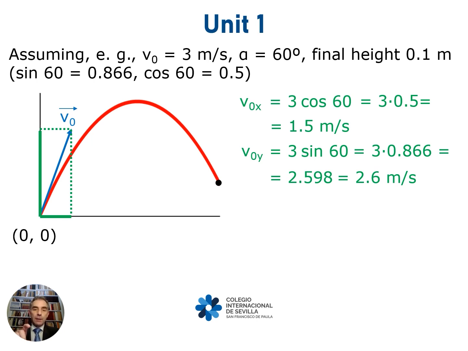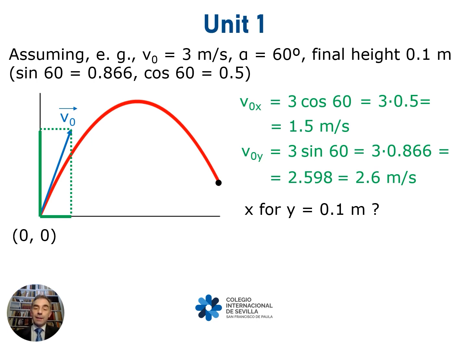We need to find the horizontal distance at which the jet finds itself when it is 0.1 meters above the origin. The Dr. Mathematics answer will be to this question: what is the value for x, distance on the horizontal axis, at which the jet finds itself when the height is 0.1 meters.